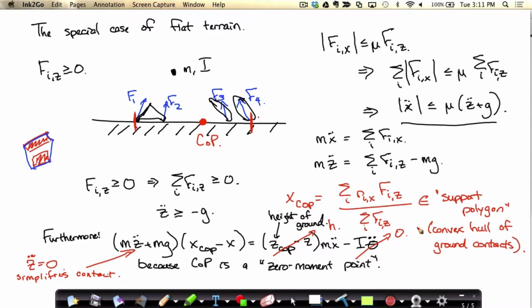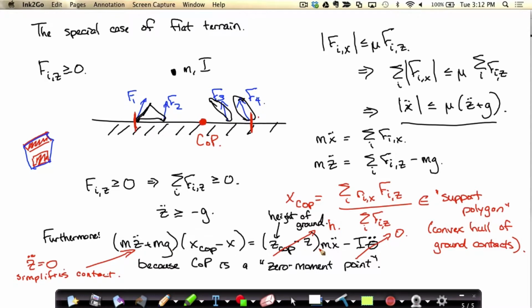Okay. Then now we're going to get something really nice and simple. What is it going to look like? It's going to look like the center of pressure relative to my center of mass is what matters. I get an mg times center of pressure minus center of mass here, equals h m x double dot. So I can cancel out my m's on both sides.